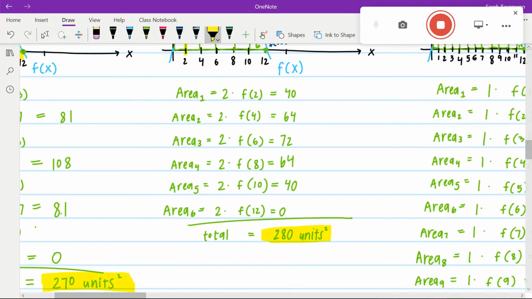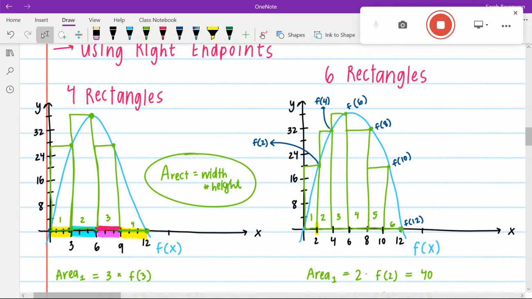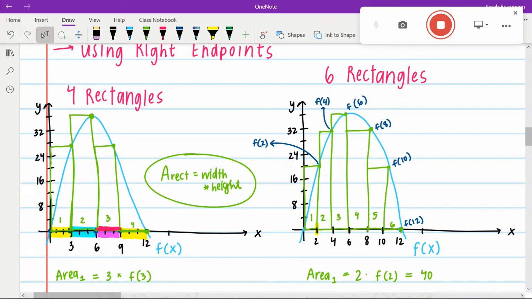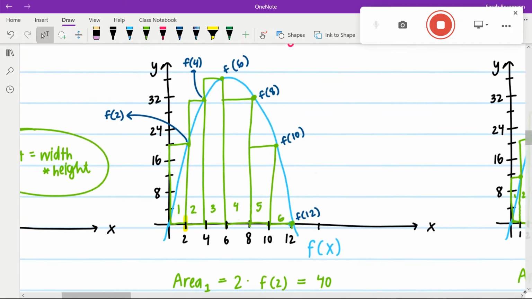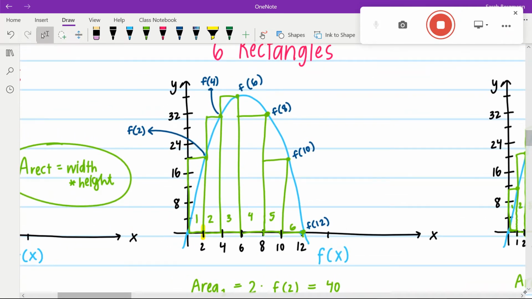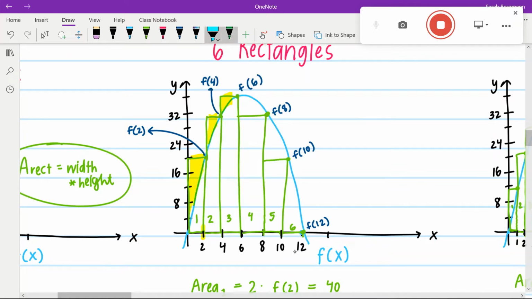So this one compared to the last one, which one does it look like is approximating the area even better? Does it look like 4 rectangles is closer to the area under the curve? Or does it look like 6 rectangles is closer to the area under the curve? So far it looks like 6 because we're including a little bit extra here, but we're also missing a little bit.